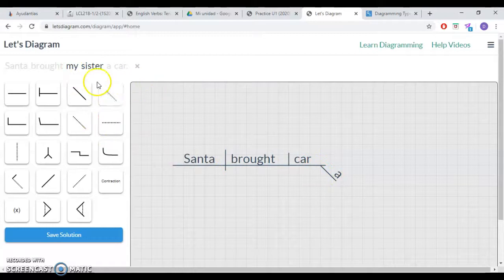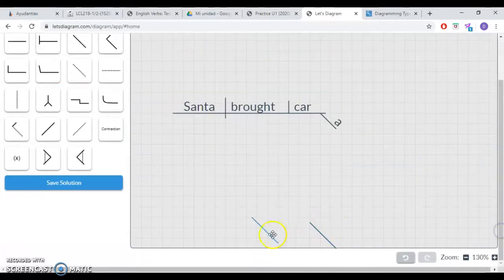And now we have my sister. This element is receiving the direct object. Okay, so the place where it corresponds is also below the verb. So we're going to add one of these. If I can get one, please.